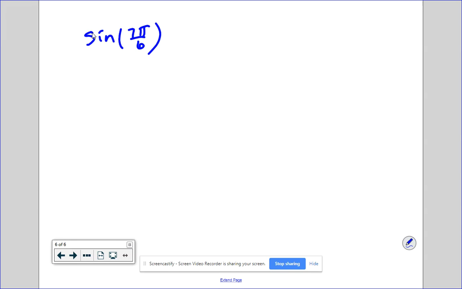What bow tie does that fall into? The 30-degree bow tie. And we know that the 30-degree bow tie, pi over 6, or 30, is square root 3 over 2, comma, 1/2. That's that bow tie value.